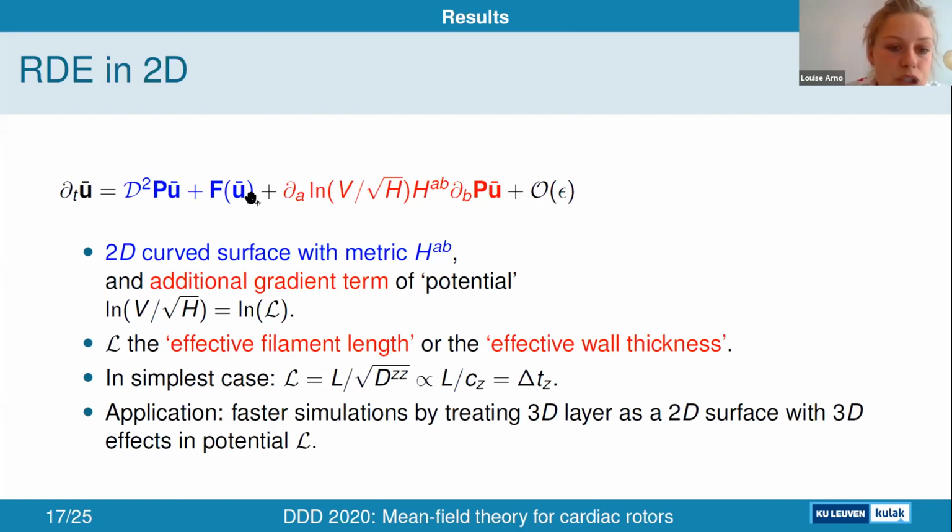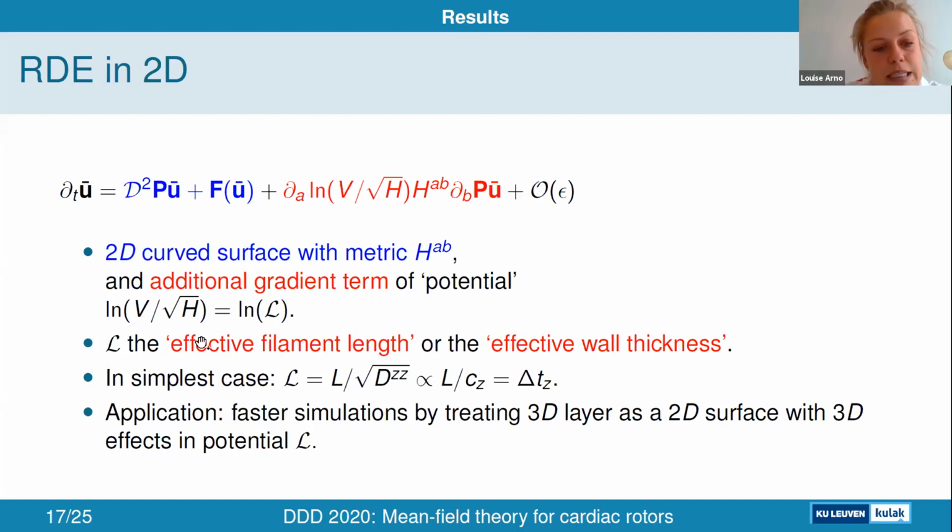And we also get an additional term, which is some kind of gradient of a potential. And this potential we denote with L, and this is called the effective filament length or the effective wall thickness.